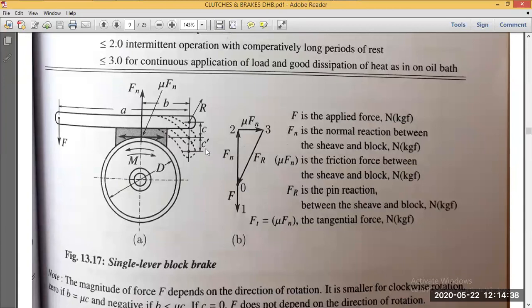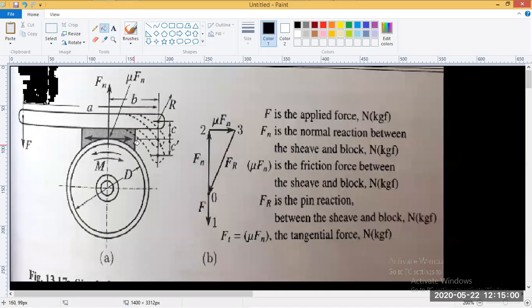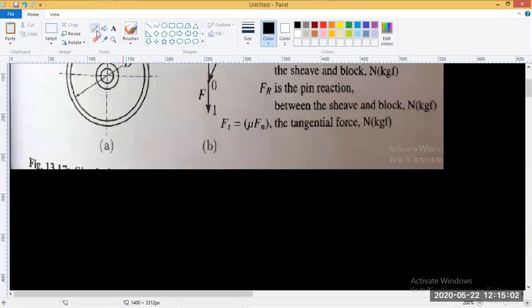C is the distance from the pivot point. We'll be analyzing from this point, taking moments of this brake, and find out the equation of force, how much force is required so that you have the braking action. So we'll continue from this point.